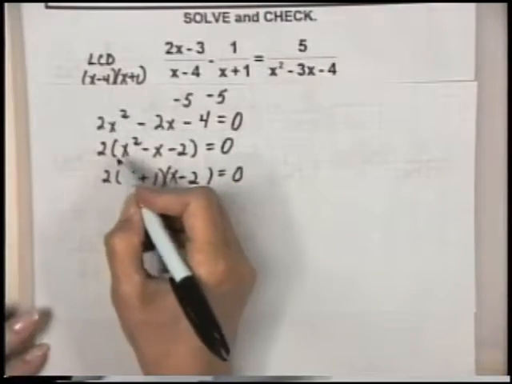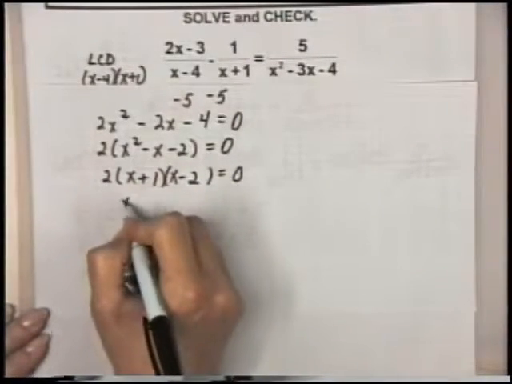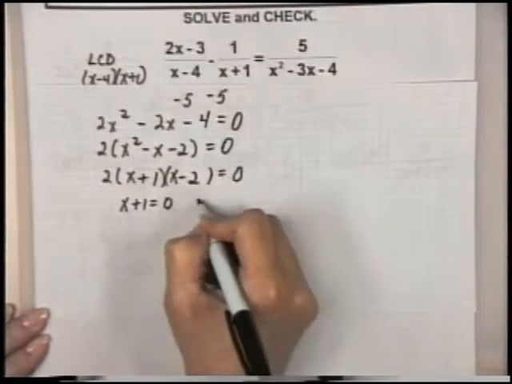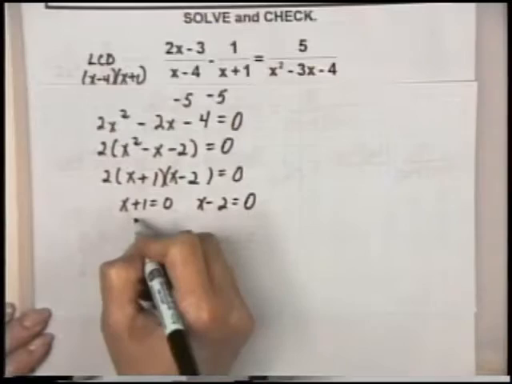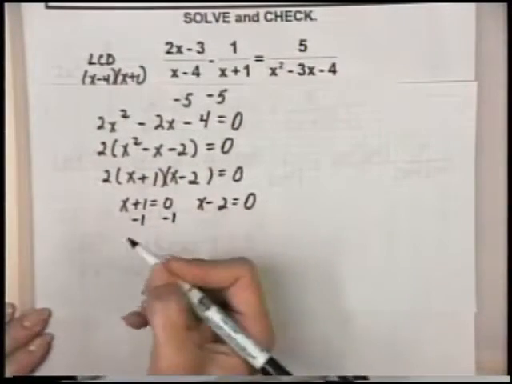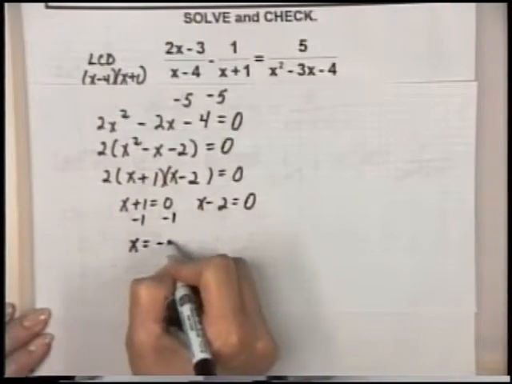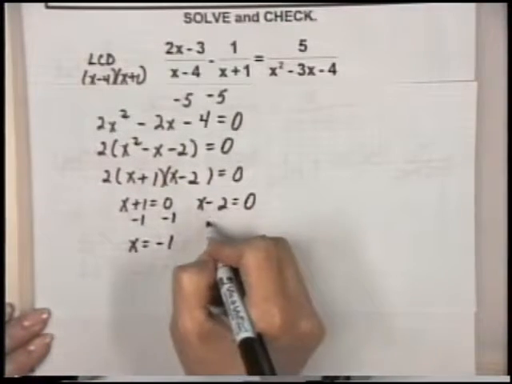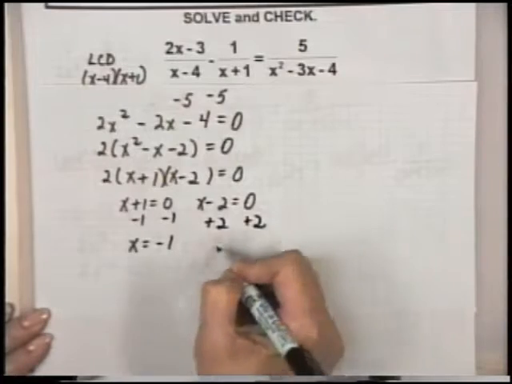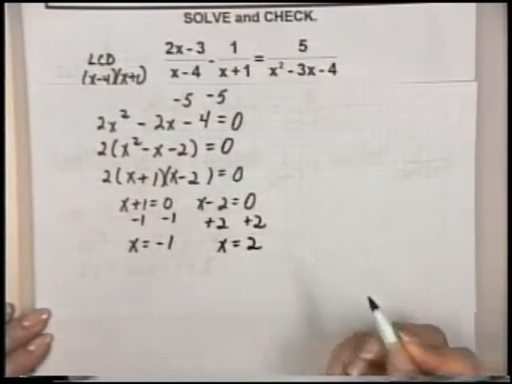Using the 0 principle, I know that 2 does not equal 0, but I will set my variable factors equal to 0 and solve my equations. For my first equation, I will subtract 1 from both sides. I get x equals negative 1. For my second equation, I will add 2 to both sides.